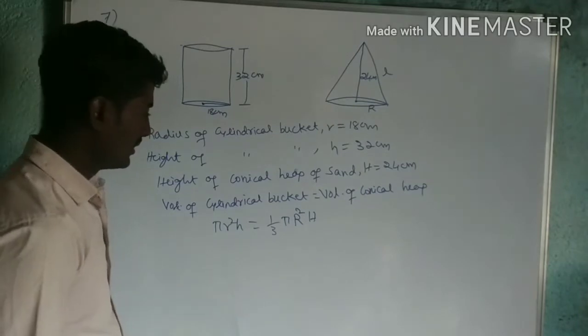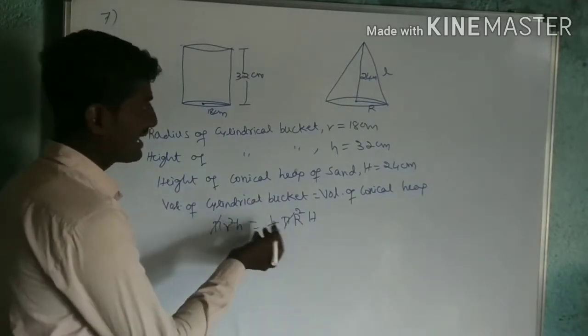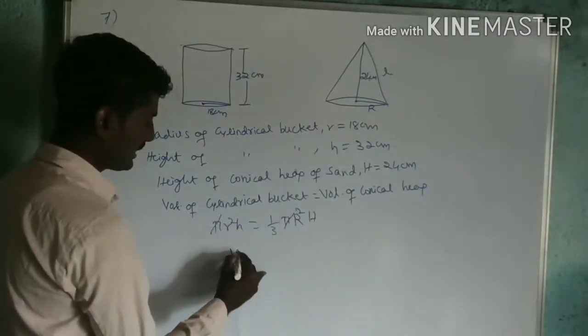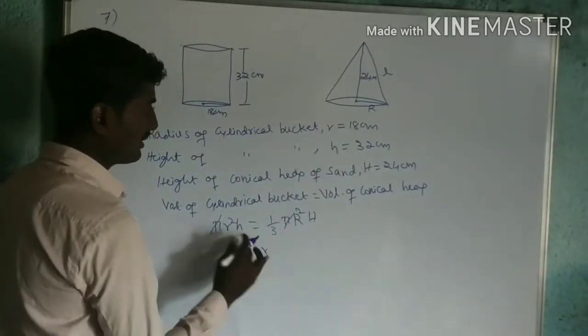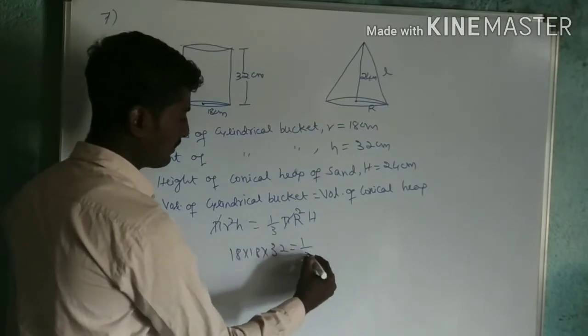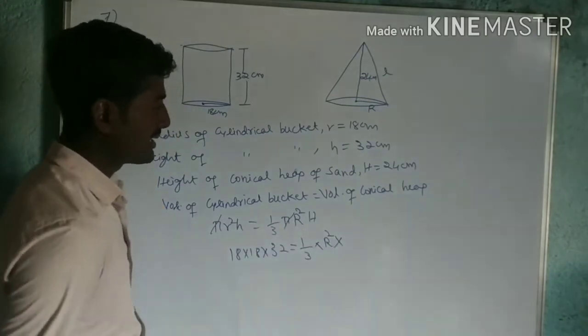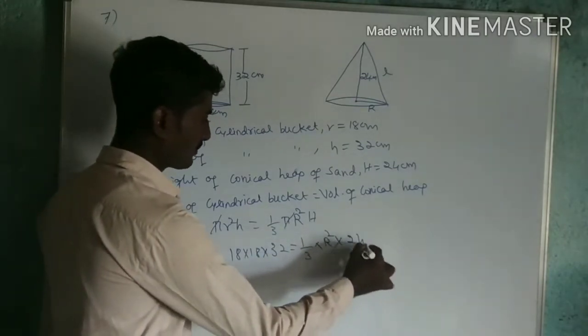Okay. Now here pi gets cancelled. Remaining R square. R value is 18 into 18. Small h is 32, is equal to 1 divided by 3 R square. We have to find that R square. Now H is 24. Okay.